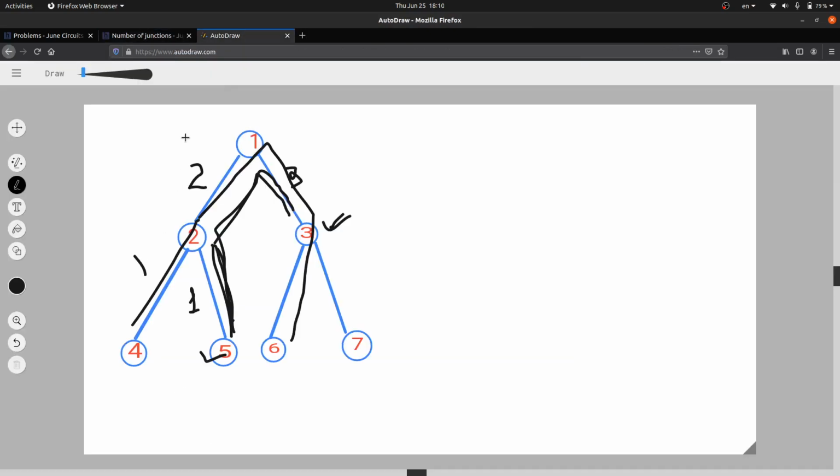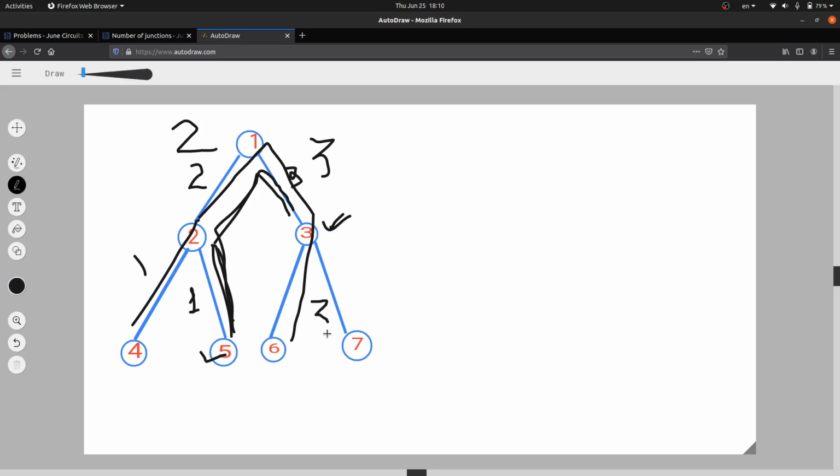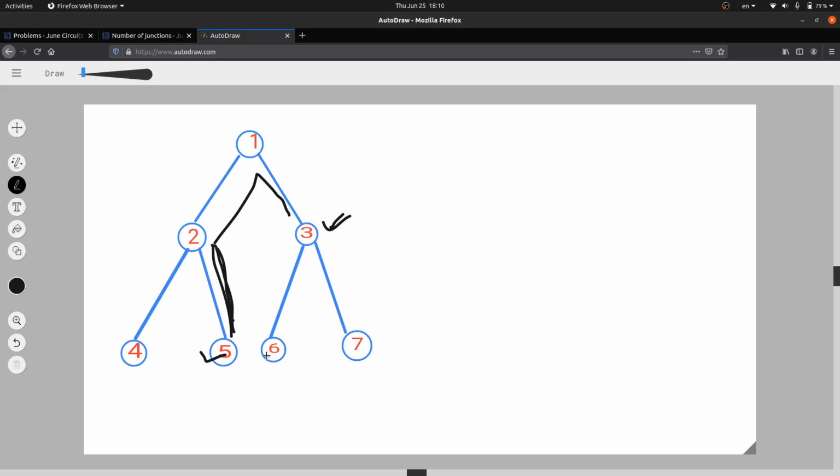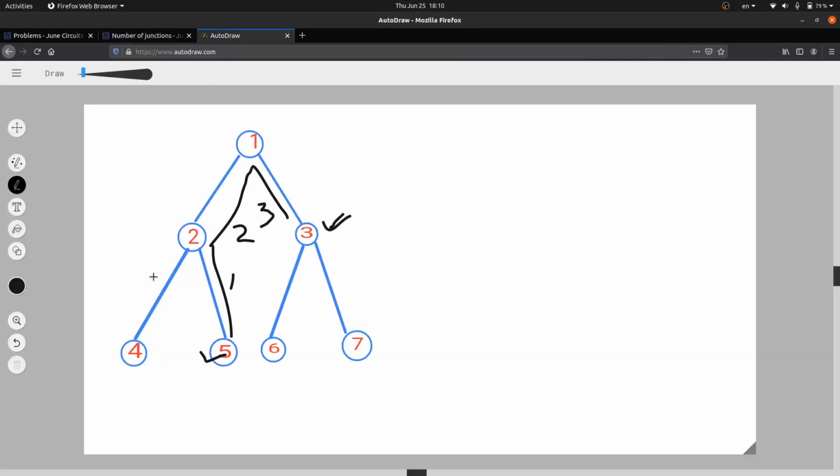So it will be 1, 2, 3 and 3. Let me redraw this. So this is one path, it will have oil of 1, 2 and 3. In the second case this is 5 to 6.